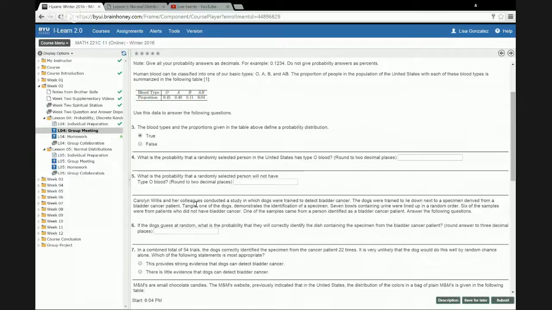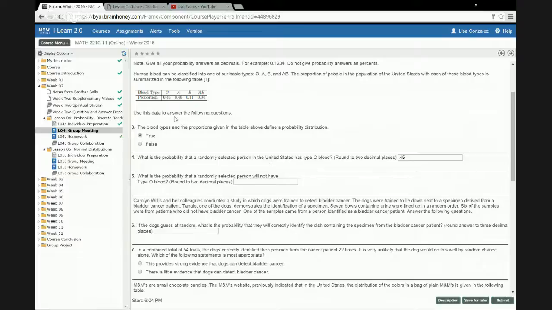Okay. All right. Number 4. What is the probability that a randomly selected person in the United States has type O blood? Do you want to take that one? So they just want the decimals?